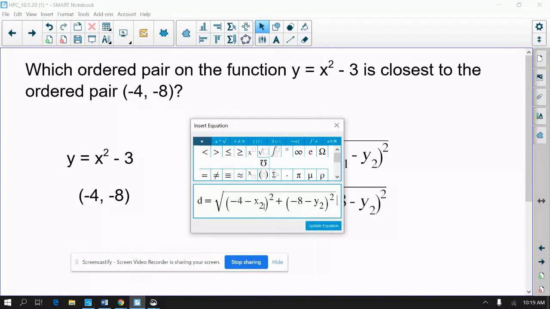I can just type in x. But the y value depends on x. That's why we call y the dependent variable. Y is whatever x is squared minus 3. So I don't have to figure out what the specific y is. I just know that the y is going to be whatever the x is squared minus 3. So that's what I put in here.